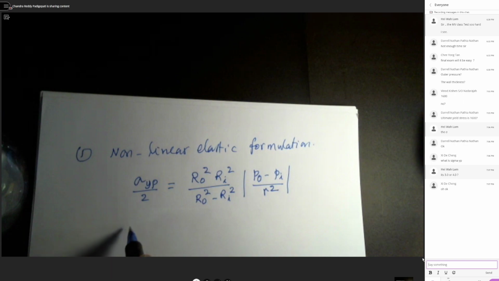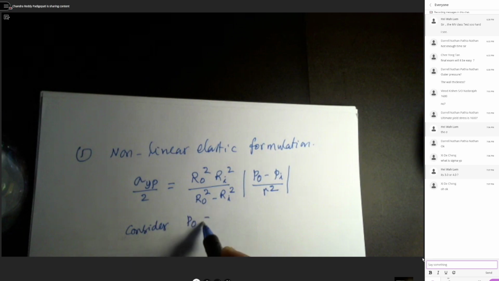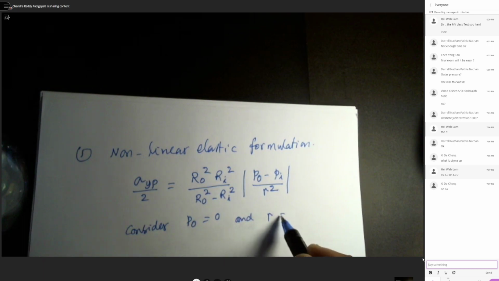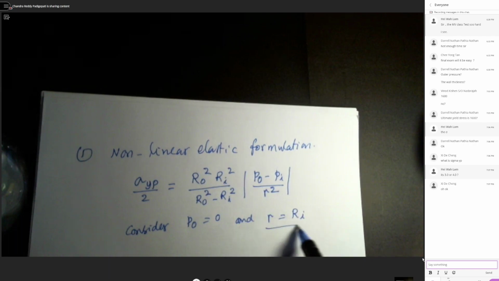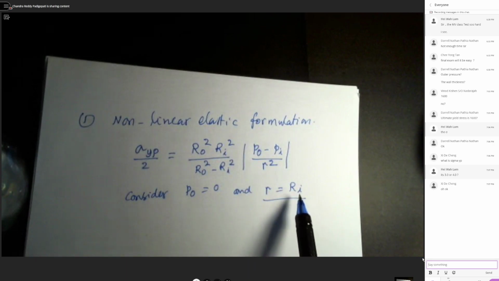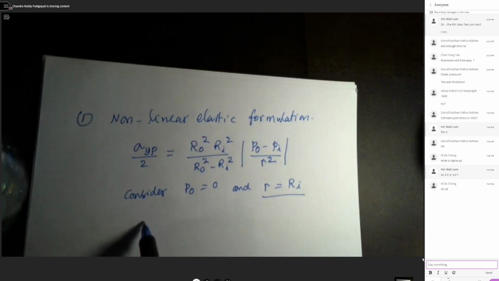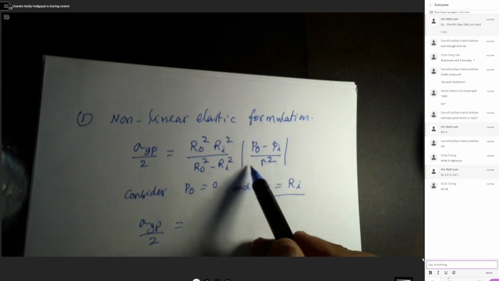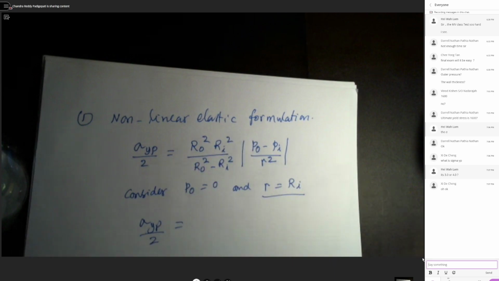Here we can consider the outer pressure equal to 0, and r equal to Ri. So we are taking the variable r as the internal radius. In this case, we can write sigma yp over 2 equal to, replacing r with Ri, this Ri square will be cancelled.